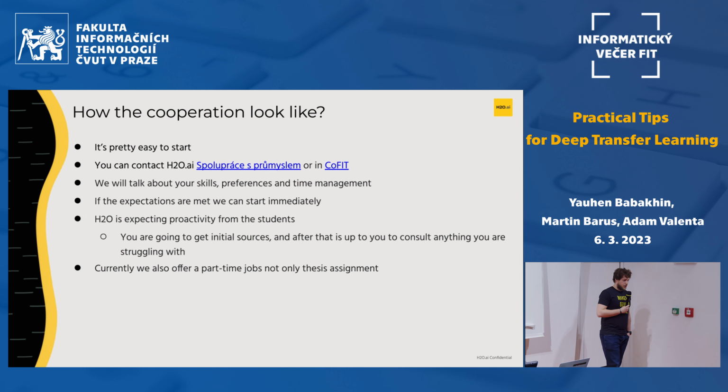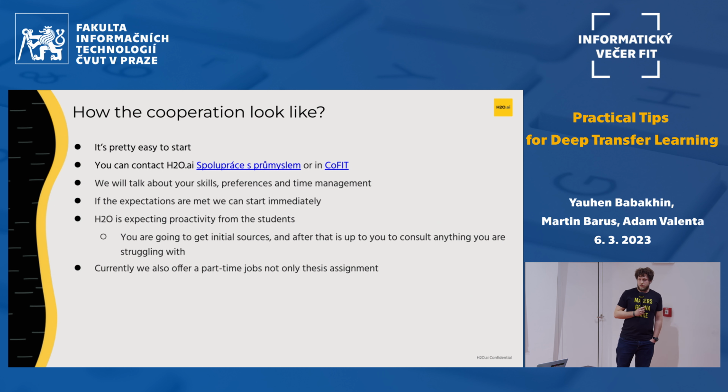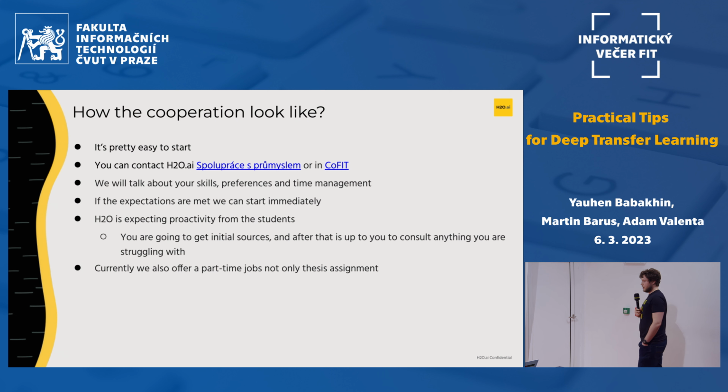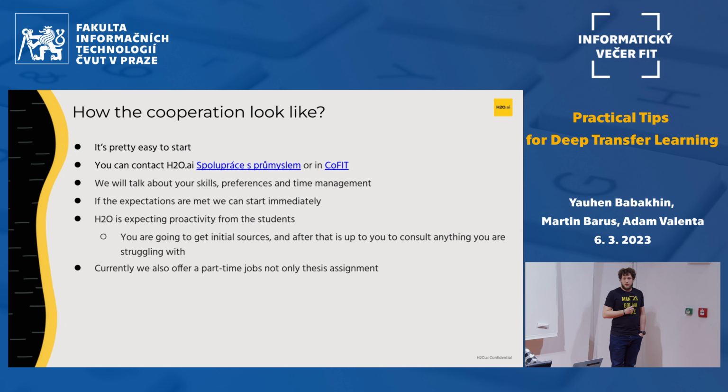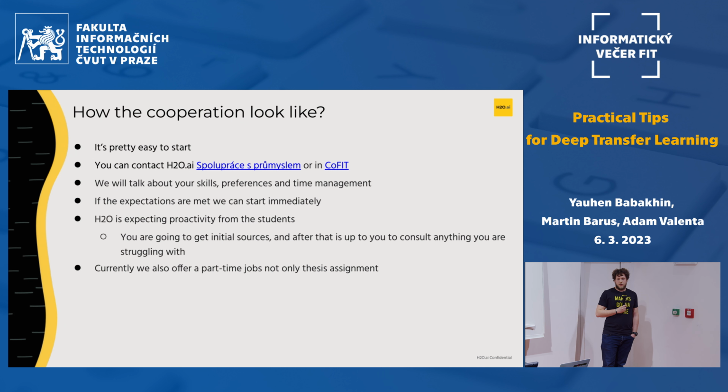What does the cooperation look like, and how will it look for you if you decide to cooperate with us? The start is pretty easy. You can contact us through spolupráce s průmyslem or directly in COFIT, and we will meet and talk about your skills and preferences and time management, whether you plan to finish in 2 months or in 1 year.